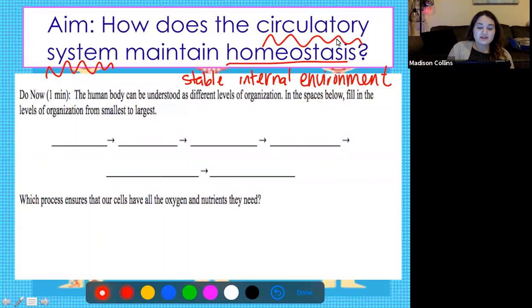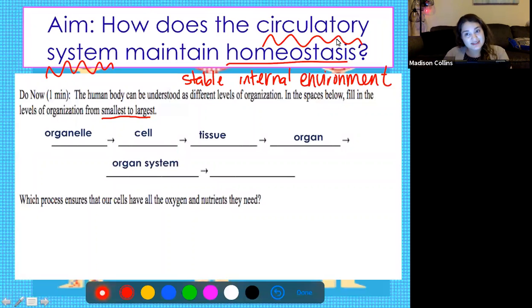So if you think back to Unit 2, we talked about the levels of organization and how they build up to create an entire organism. If we zoom into the very, very tiniest feature of your body, we will eventually find organelles, right? Organelles then make up cells, cells make up tissues, tissues make up organs, organs make up organ systems, and then finally, all of that builds together to make up the organism.